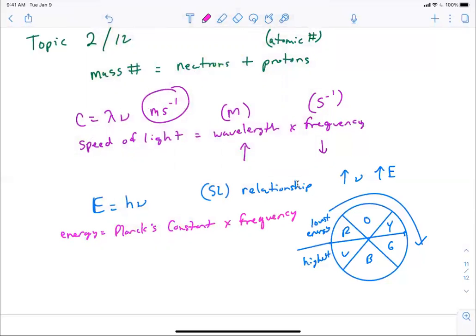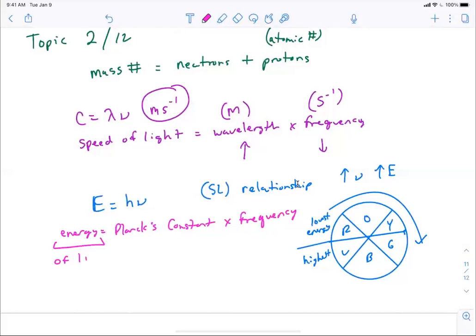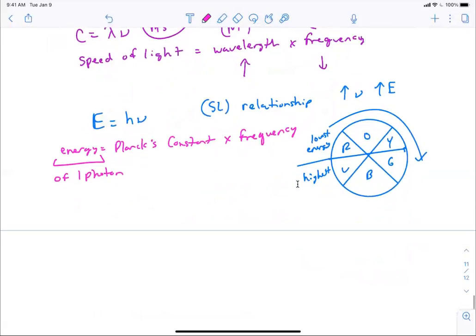And so with that, you have to know that this is energy of one photon. And I think that's where a lot of students make mistakes, because when they say like, what's the frequency of a photon used to break up a bond, people forget that bond enthalpy is kilojoules per mole. And this energy is joules per one photon.